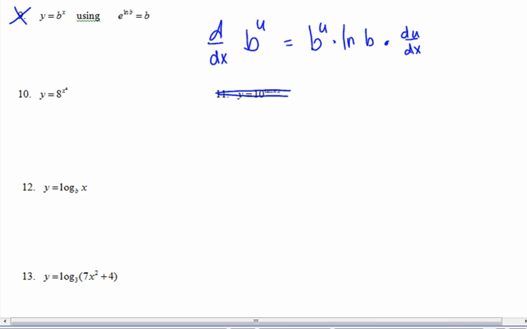Here's my base. So the derivative of 8 to the power of x to the power of 4. So what stays the same? The b to the u's, right? So it's our original function, 8 to the power of x to the power of 4, times the natural log of our base. What's our base? 8 times the derivative of our exponent, 4x cubed. Done.